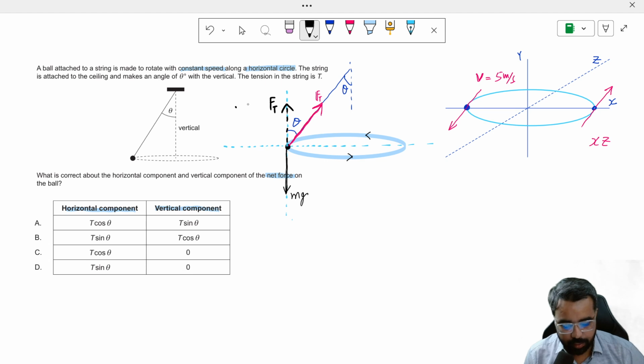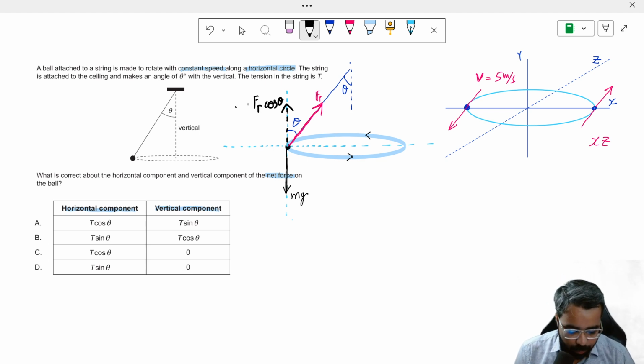That's why the force of tension is more than the weight, and that component is obviously FT cos theta, because it's adjacent to theta, and you can also determine it trigonometrically. What is the other component, which is in front of this and is towards the center? That is the force of tension sine theta.